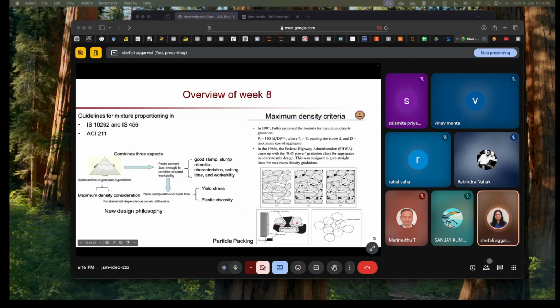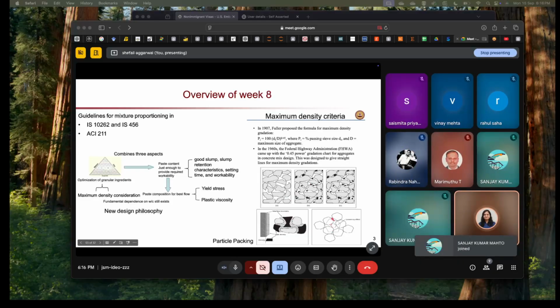The second thing is particle packing. If we talk about particle packing, it should be packed enough. Your coarse aggregate and fine aggregate should be packed so closely that there are minimum chances of void formation. If you see in this case, you have very angular aggregates.